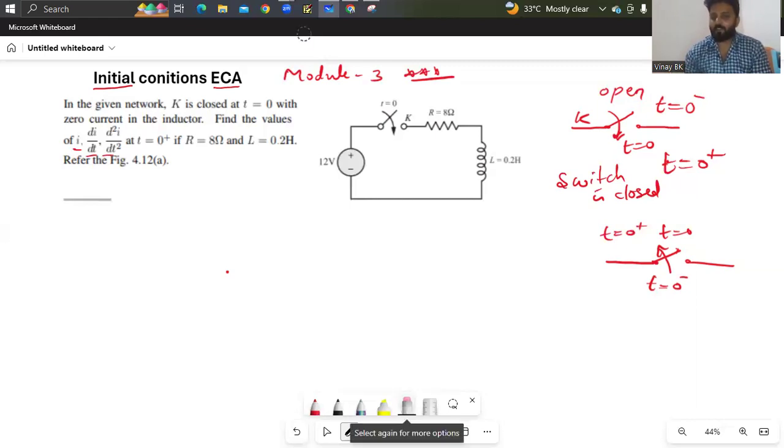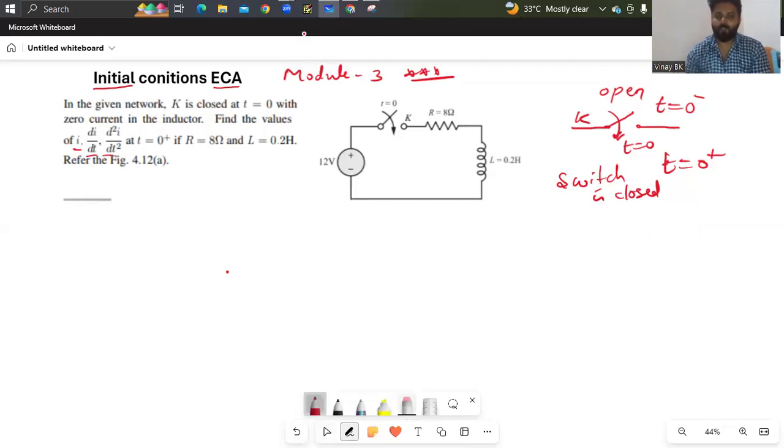Okay, so now let's go to the problem. Just see the switch position for this problem. The arrow mark is downward, so when t equals to 0 minus, the switch is open, and when t equals to 0 plus, the switch is closed.